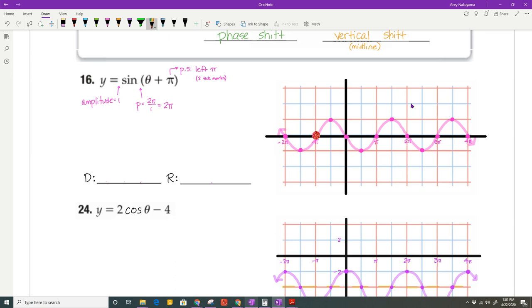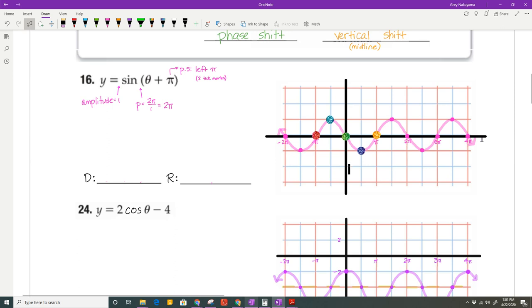And my period is 4 tick marks, so 1, 2, 3, 4. That's the end of the period. It starts at a 0, ends at a 0, and halfway between is a 0. Halfway between the first 2, I go up. And halfway between the last 2, I go down. So that is the main thing that I graph. And then I just follow that pattern and connect them to get the graph going.